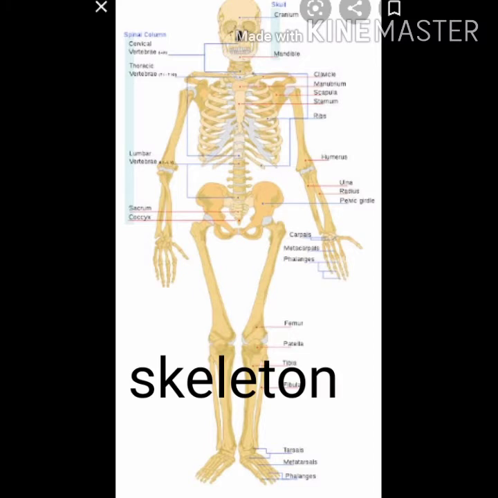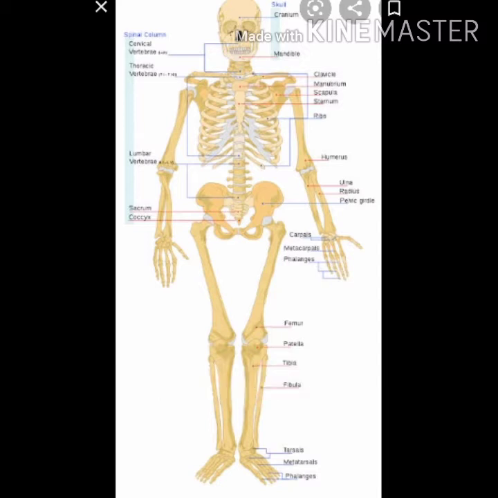So there is a skeleton in our school lab. Just after the reopening of the school, we can observe the different parts of our human skeleton. Observe figure 8.7, that is a human skeleton. We can see a number of bones are there, a number of joints are there, a number of variously shaped bones are also there.